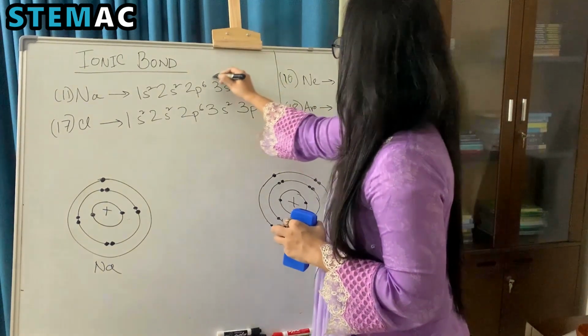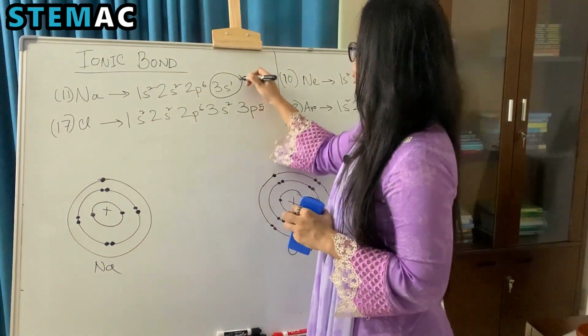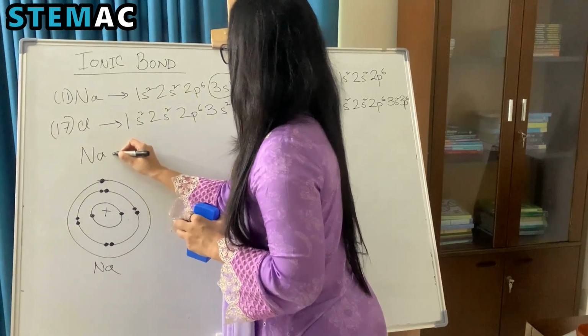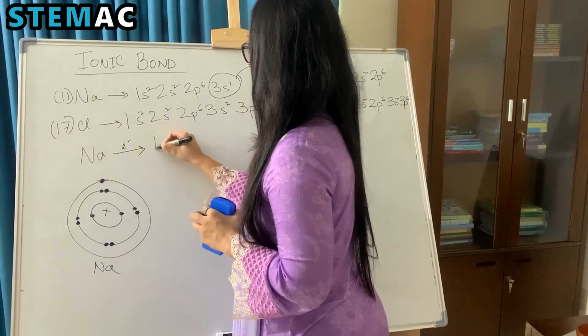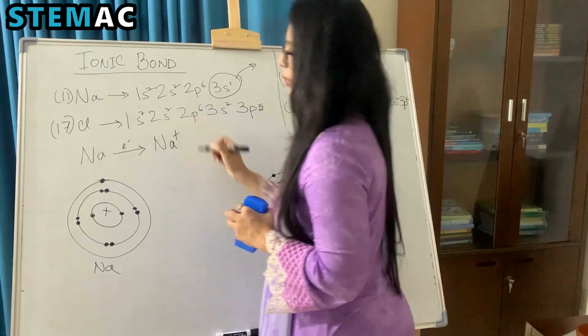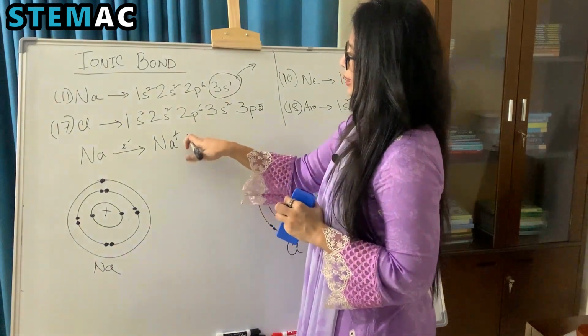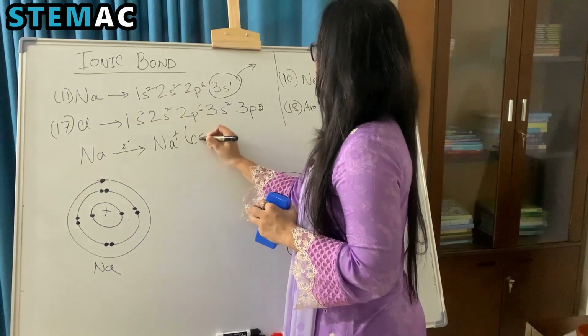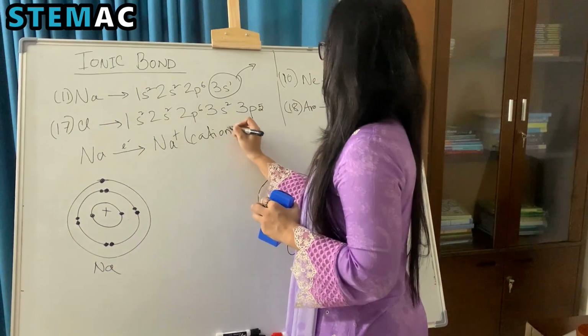And so what happens is, sodium, when it gets rid of this electron, when any atom gives off an electron, it becomes positively charged, which is called a sodium cation. Since it donates one electron, it is a single positive charge, and we call it a cation.